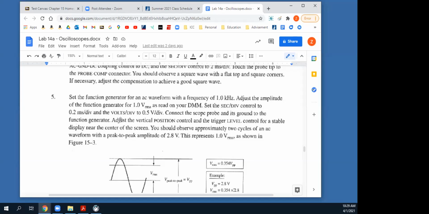All right, connect the scope, and so on, adjust the vertical position control and the trigger level to control for a stable display near the center of the screen. So I'm going to change the vertical position, bring that sine wave up so I can see it all on the screen.